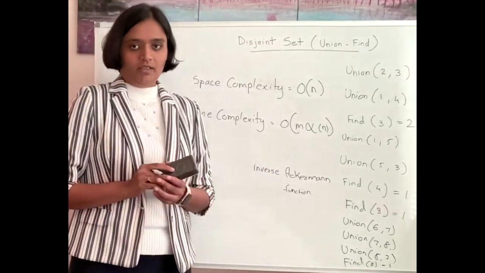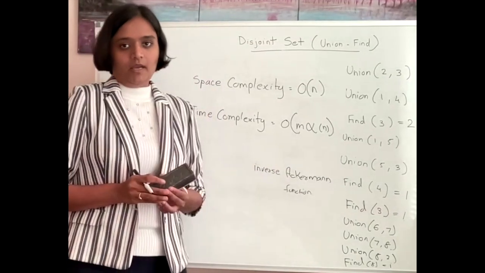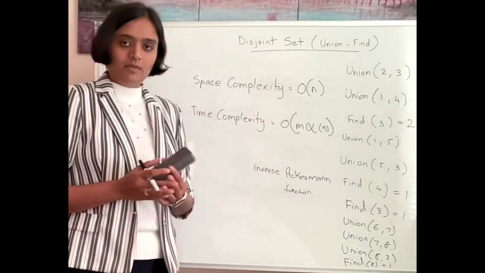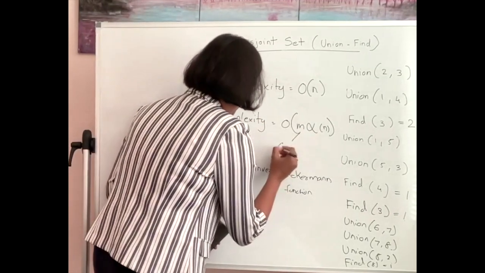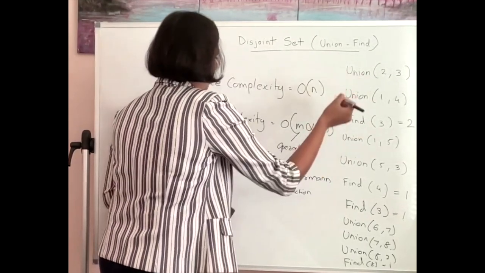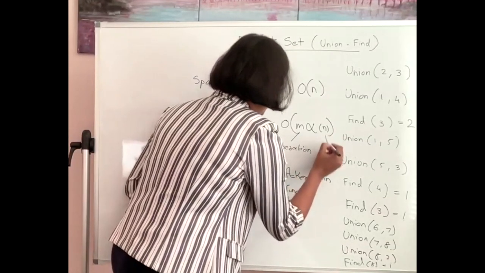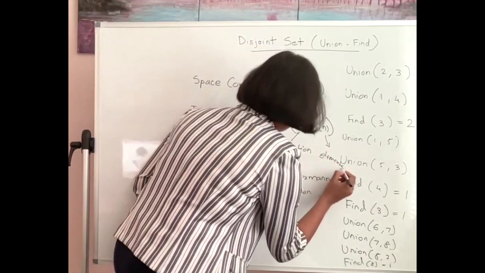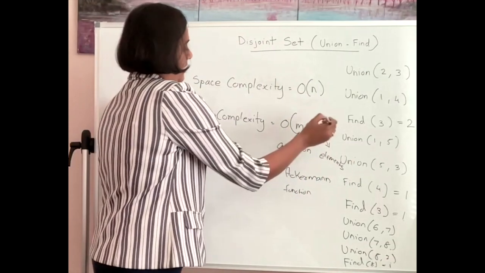Okay, now let's understand the space and time complexity. Space complexity is simple. If we have in total n elements, then the space complexity of a disjoint set with n elements is big O of n. Time complexity, if we have total m operations, with each operation being things like union, find, right? If these operations are performed over n elements, then the time complexity is big O of m multiplied by alpha n.